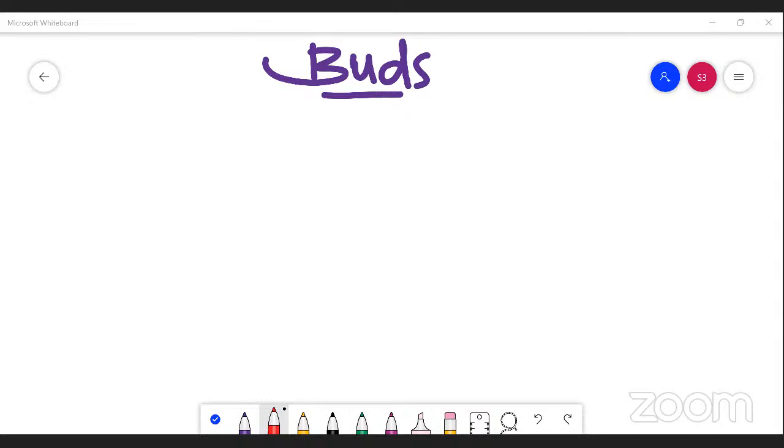Actually, this is the structure of a bud. Generally, buds are modified shoot systems that arise either at the terminal part or axillary part of the plant body.